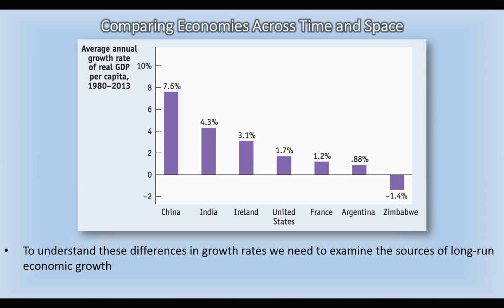But just looking at these numbers, if you were to divide 70 by China's current growth rate of 7.6%, that's roughly 10 years for the real GDP per capita to double. That's pretty much what's been happening, and it's pretty incredible.